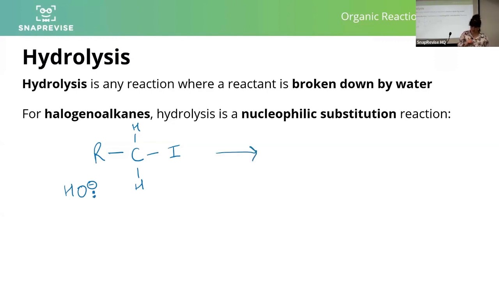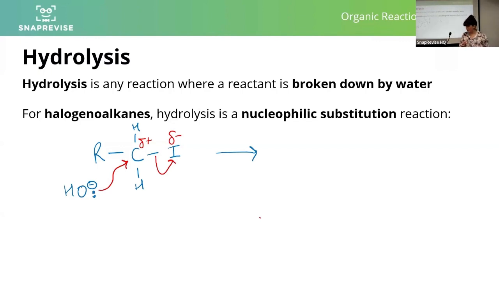How are these species going to interact? I don't need to have memorized an exact mechanism. I can apply it here. What's interesting about these species? Well, I've got a lone pair on my nucleophile, and I've got a very polar bond. So the lone pair is going to be attracted to the delta positive carbon, and that's going to force the iodine off.